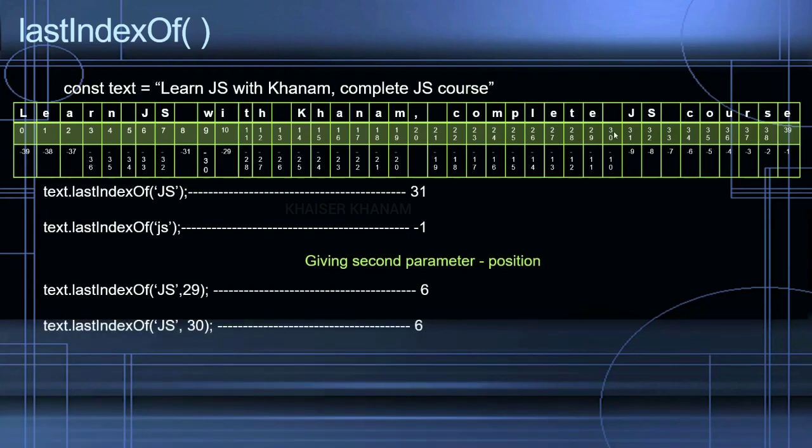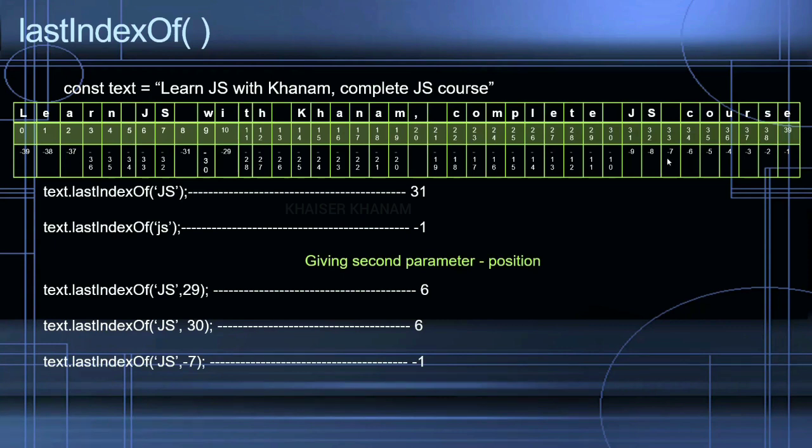If I give 30 also, I will get the same result, that is 6. You should not get confused with the position from where we are moving. Just practice this one. If you practice 3 to 4 times, then you will understand which position we are moving.